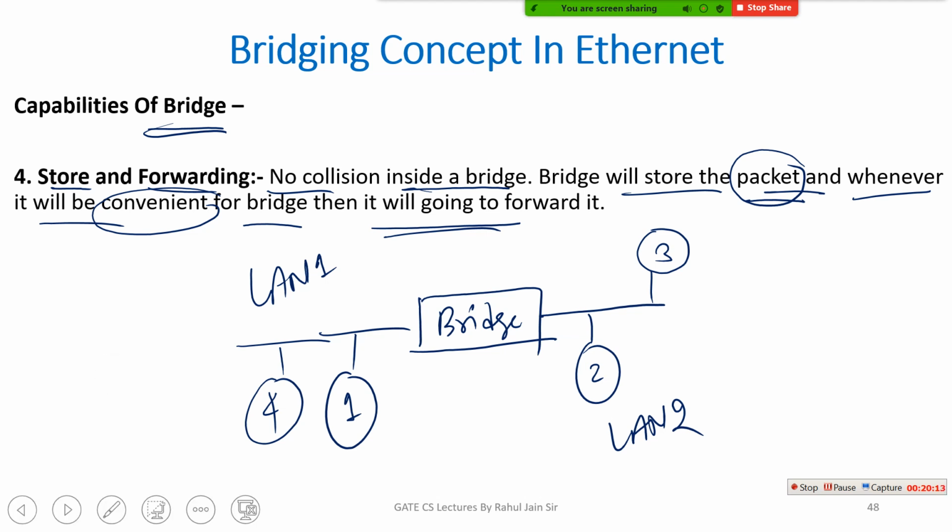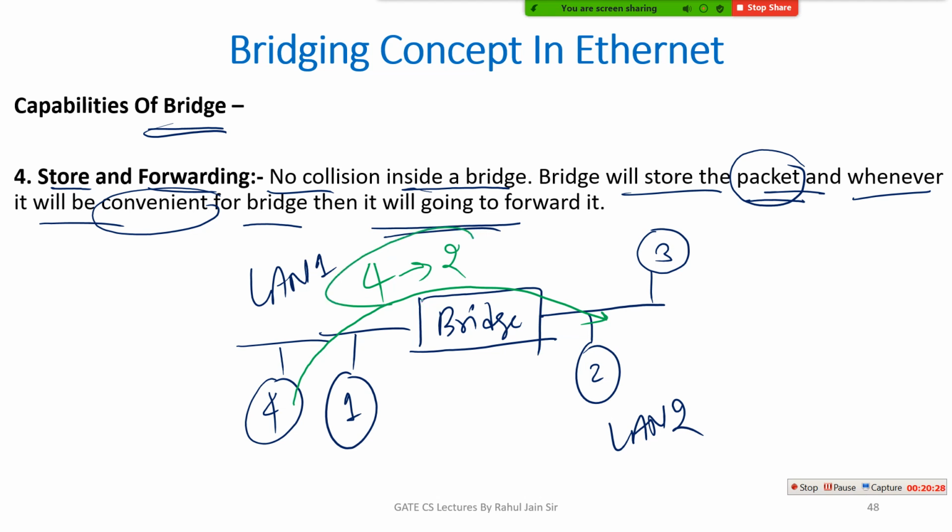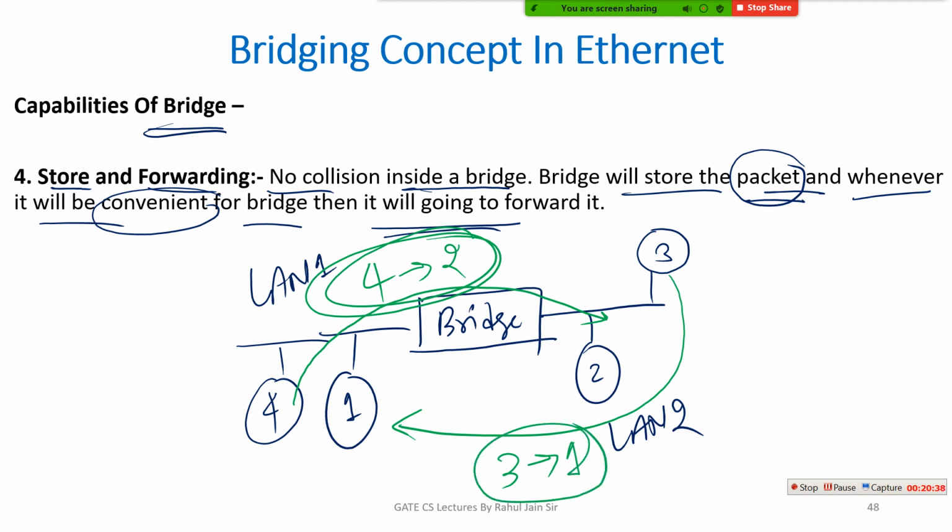Now suppose host 4 has sent data to host 2. At the same time, host 3 has sent data to host 1.